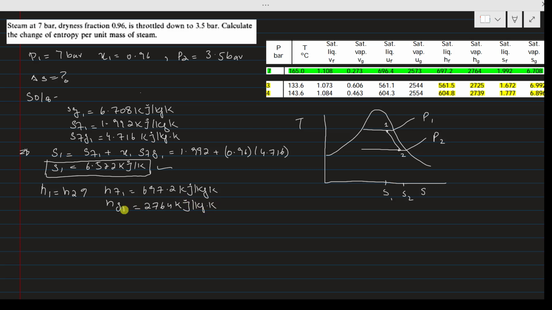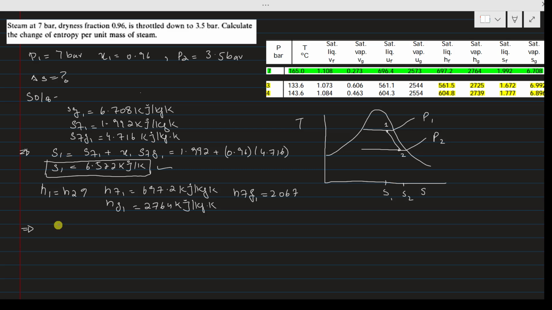Subtract Hf1 from Hg1 and you will get Hfg1, which is equal to 2067 kilojoule per kg.